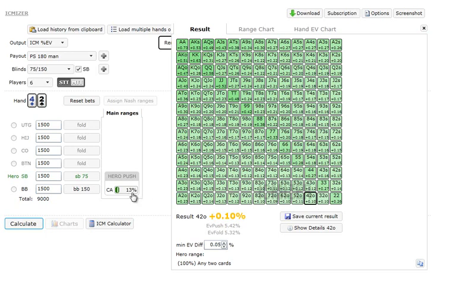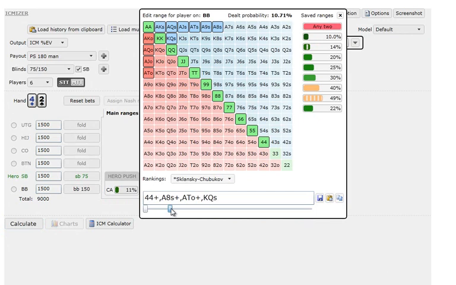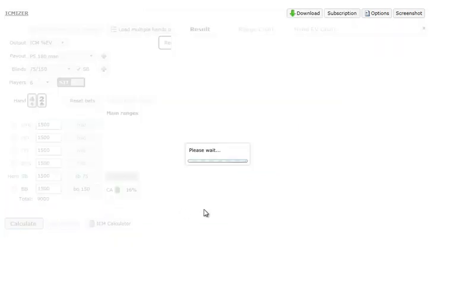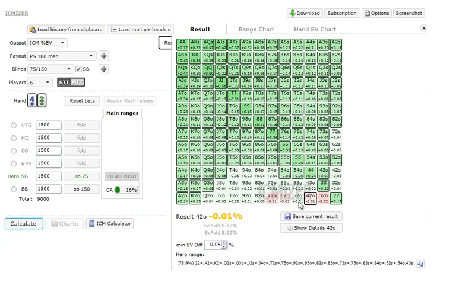Under ICM, if he calls correctly, or if you say this is the usual range, then you can push very wide. But if he starts to increase a little bit, for example from 13 to 15, or say 16, then you can see some hands actually become negative. And the effect is very quick.